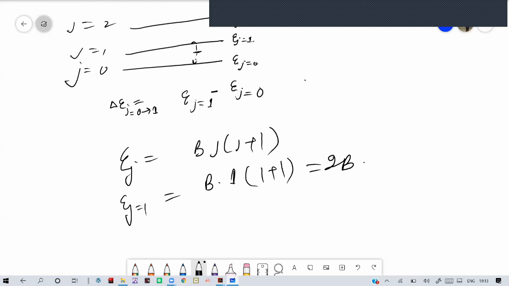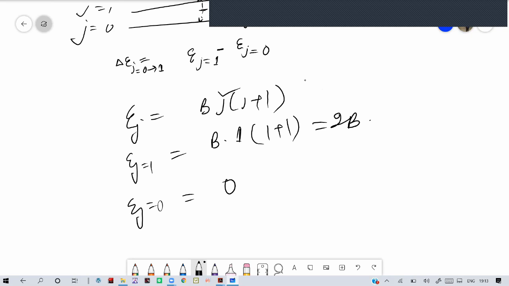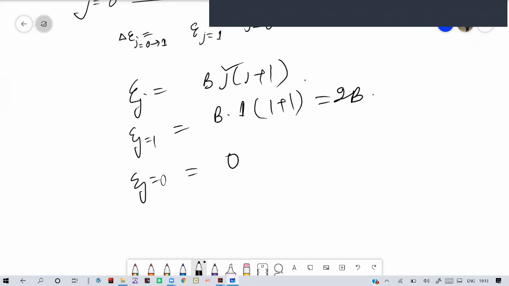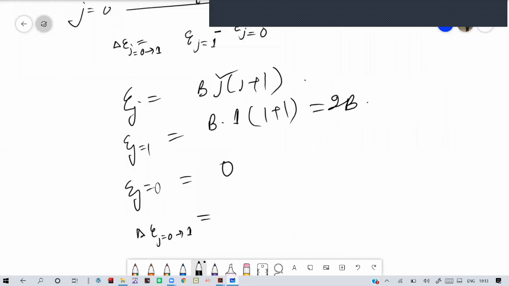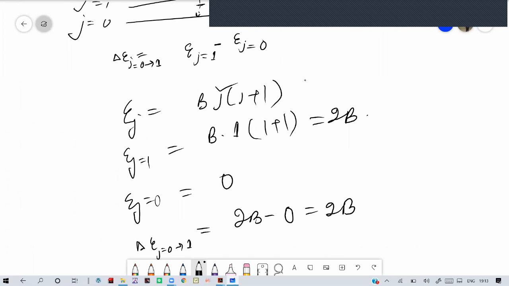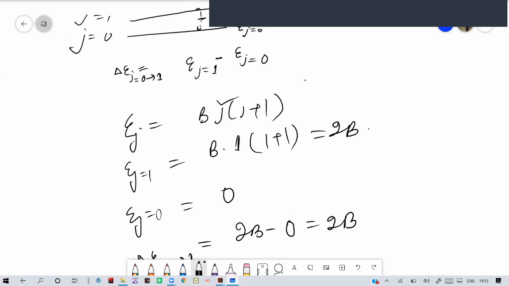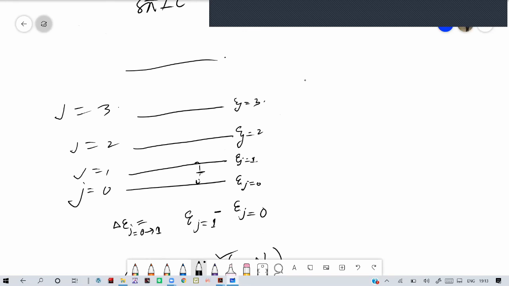For J equal to 0, it is 0. So what is delta E? It is simply 2B minus 0, that is 2B. So this separation becomes 2B.